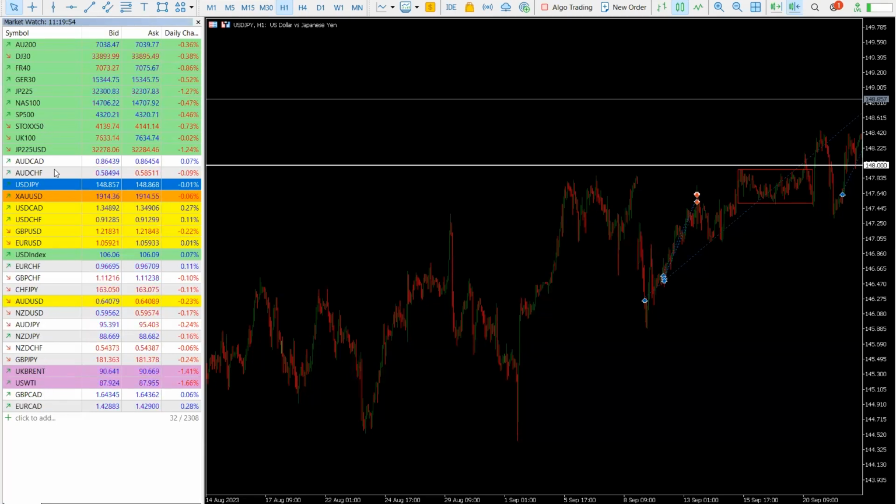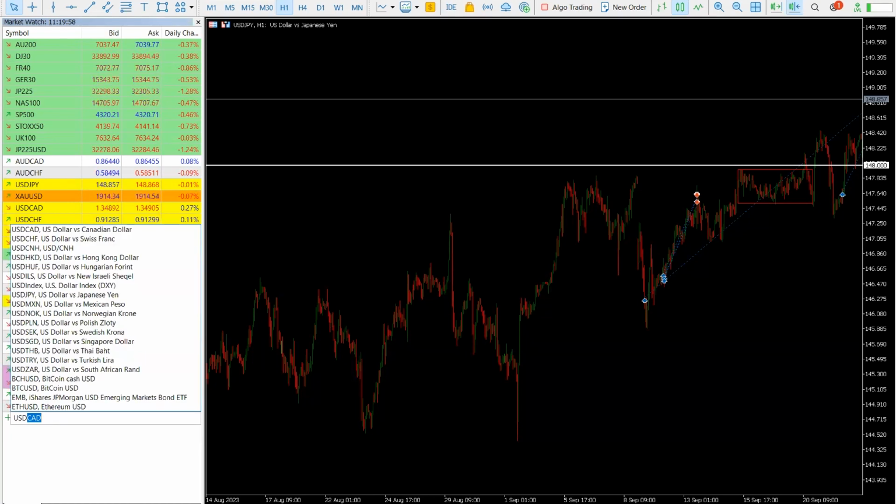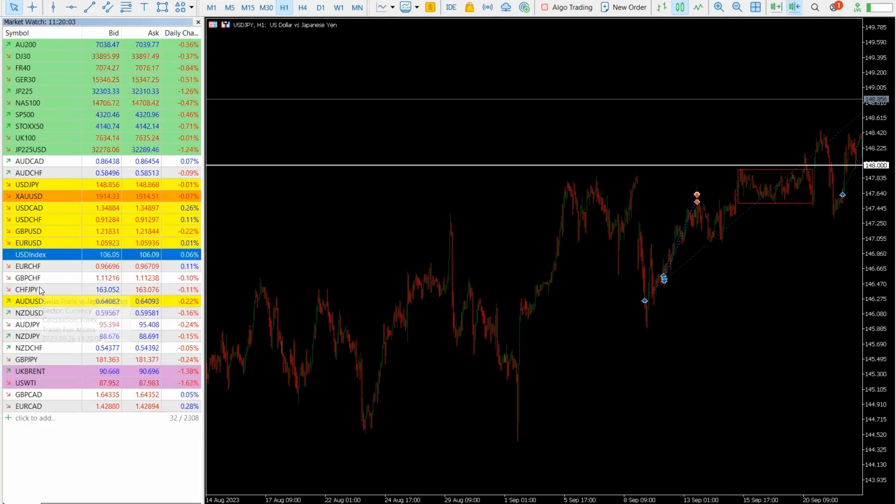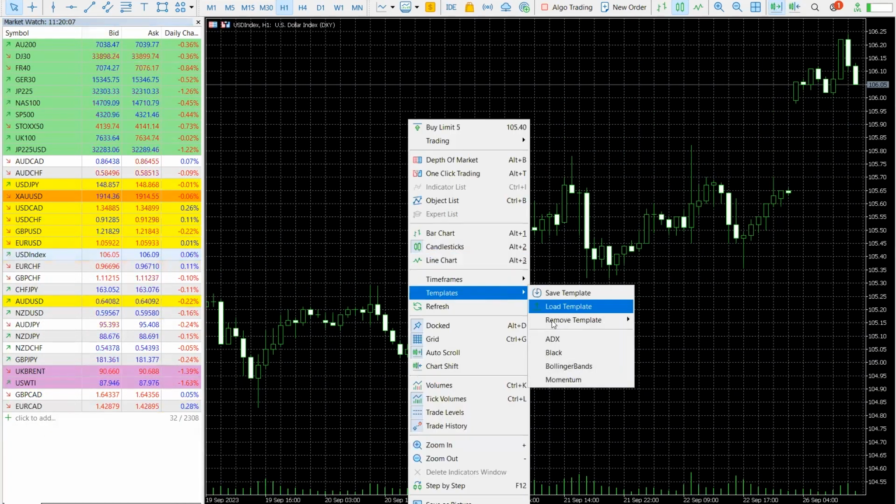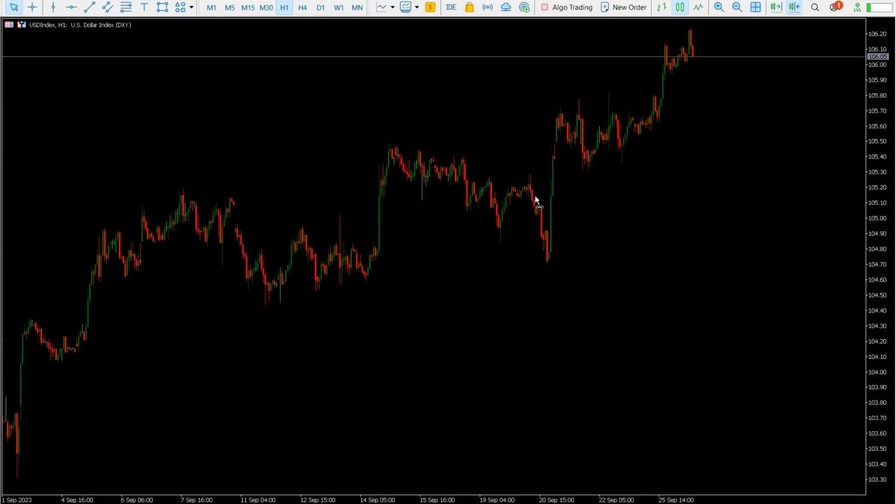US dollar index, where is it? Why is it not here? It's supposed to be here, but okay. Oh, here. All right, there we go. Okay. There we go. US dollar. Everyone's ready? Can I start?